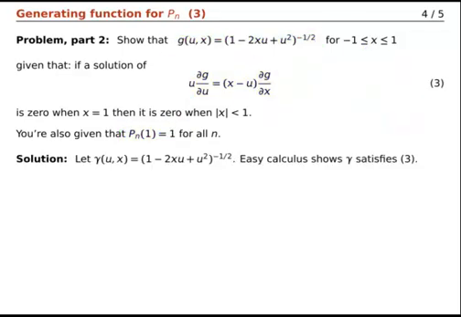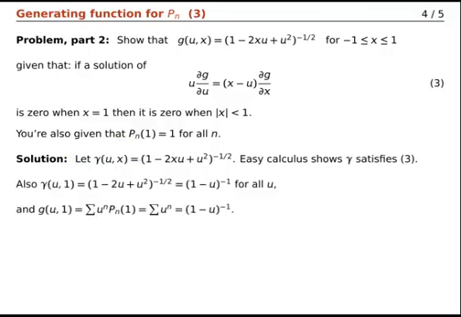Anyway, using these given facts about this partial differential equation, we want to show that g equals this function here, so we give this function a name. We call it gamma of u and x, which is 1 minus 2xu plus u squared to the minus a half. And easy differentiation shows that gamma satisfies that partial differential equation, just a case of working out d gamma du, d gamma dx and doing some juggling.